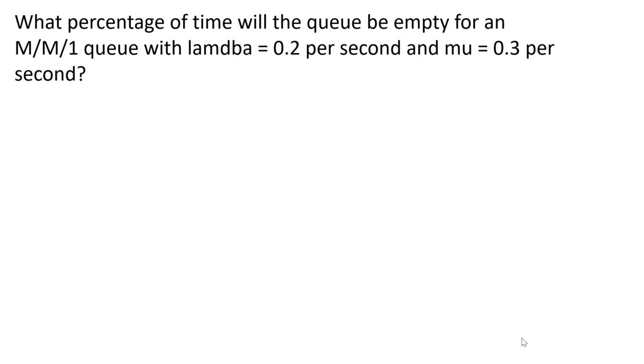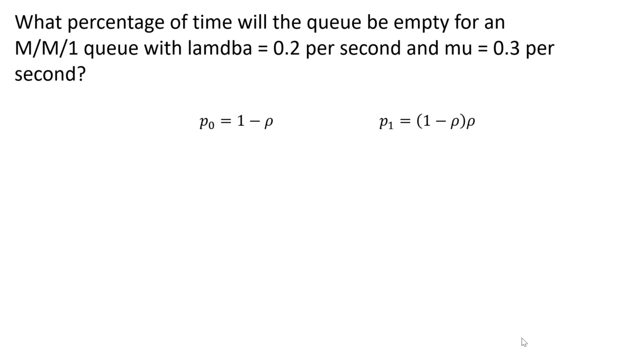What percentage of time will the queue be empty for an M/M/1 queue with lambda equals 0.2 per second and mu equals 0.3 per second? I had several questions about this one. This one was tricky because I think some of you just calculated p sub 0 for this, but you have to add p sub 1, because you have to have at least 2 customers in the system in order for 1 to be in the queue when you have 1 server.